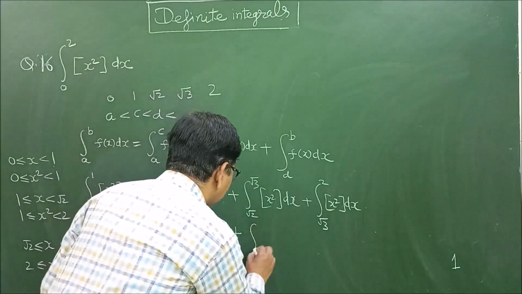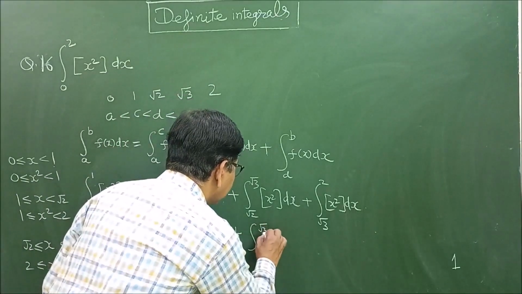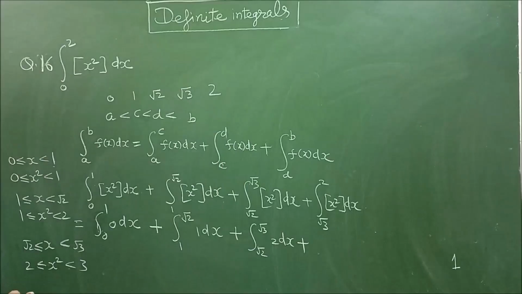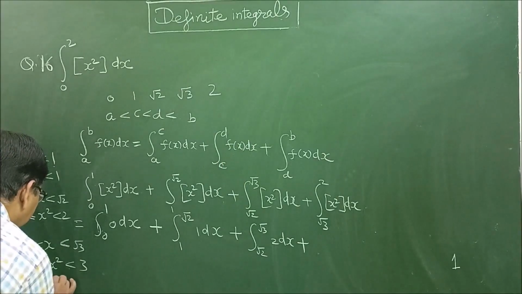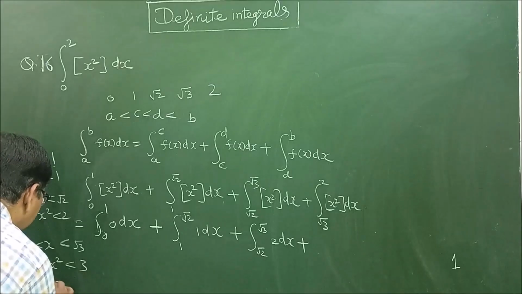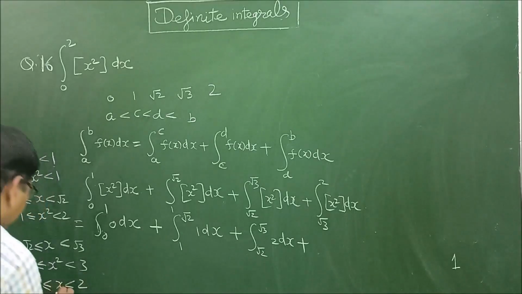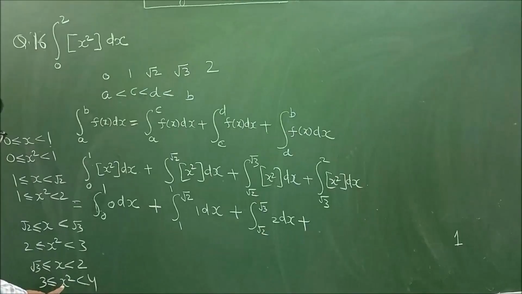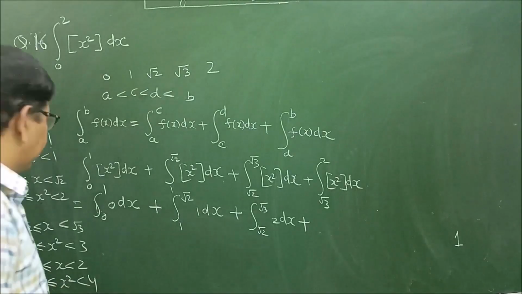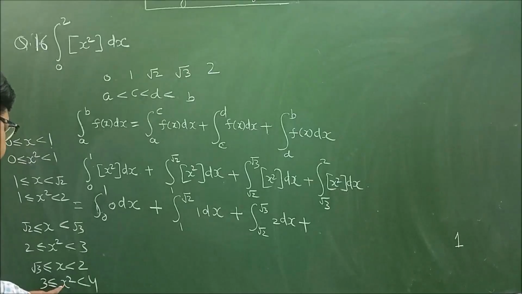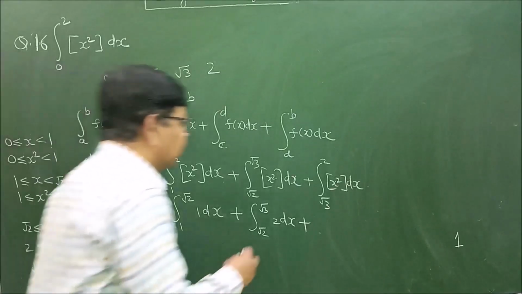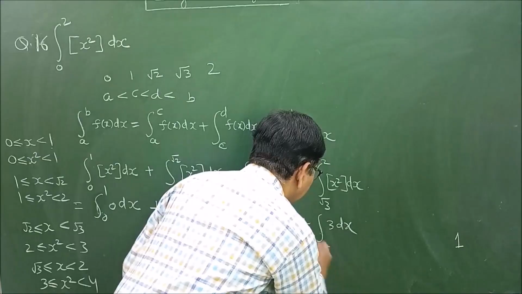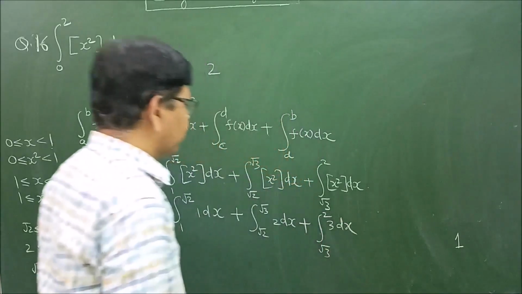So this is root 2 to root 3, 2 dx, plus when the value of x varies from root 3 to 2, x square will vary from 3 to 4, so the greatest integer x square will be equal to 3 by the definition of greatest integer. So this will be 3 dx within the limits root 3 to 2.